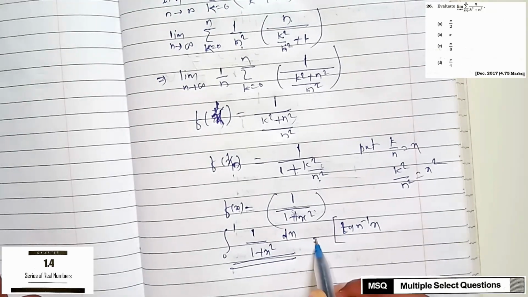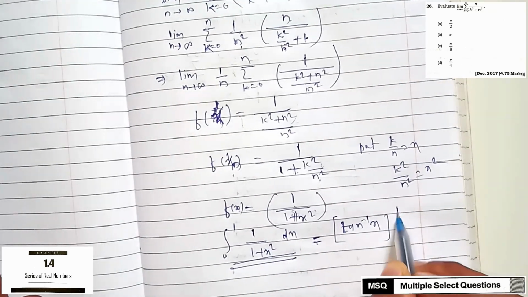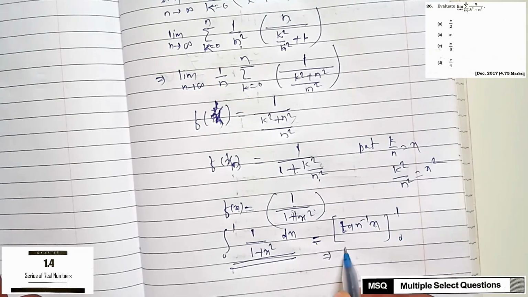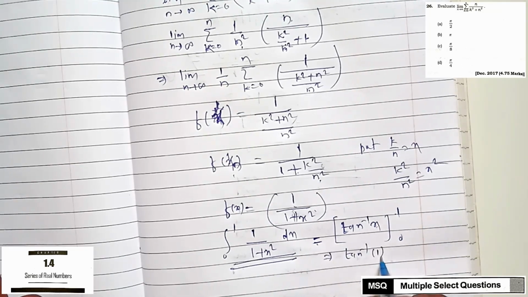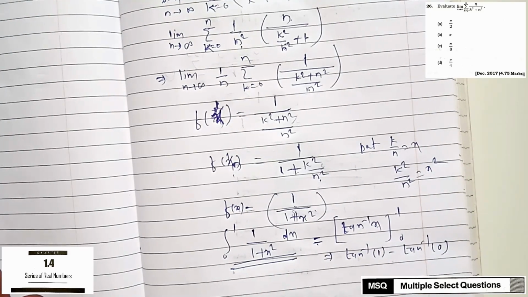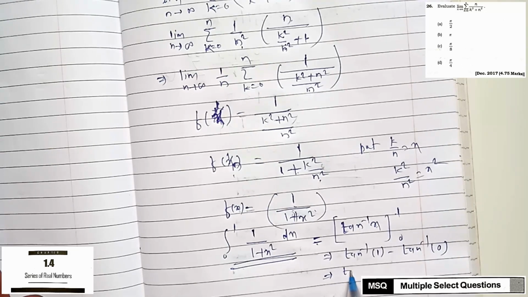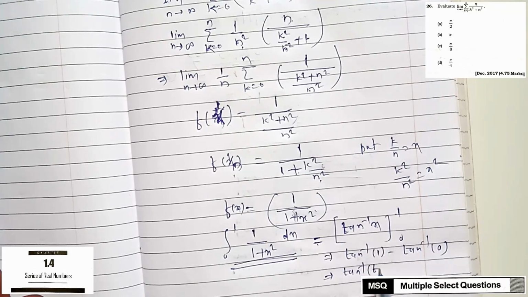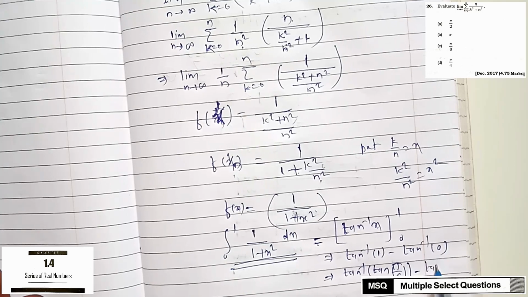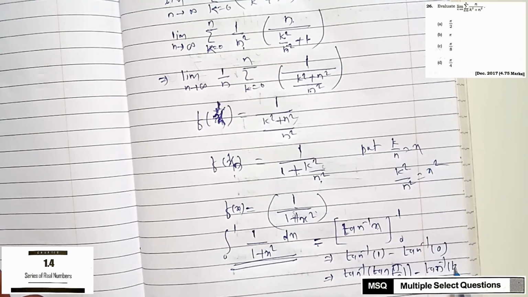So we get tan inverse of x under the bracket 0 to 1. Replace x by 1 and then replace x by 0. So tan inverse of 1 minus tan inverse of 0. We get tan inverse of tan of pi by 4, since tan of pi by 4 is 1, and tan inverse of tan 0.